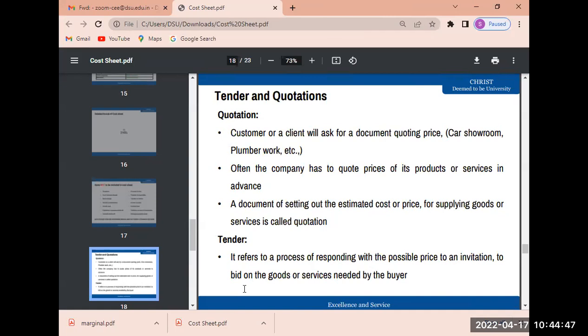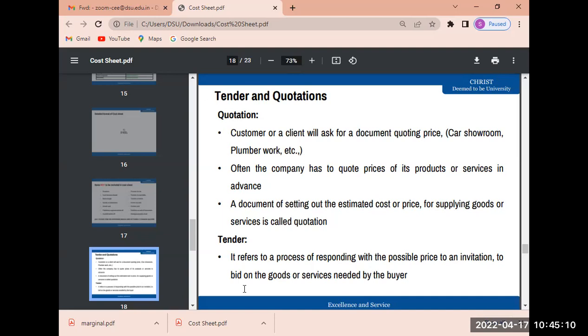You are giving a quotation, everything, and you are giving the cost in a sealed cover to the government or the person who is asking for it. Based on the lowest quote, the lowest price with the same quality, we will give the contract. For that purpose, the cost sheet is important.